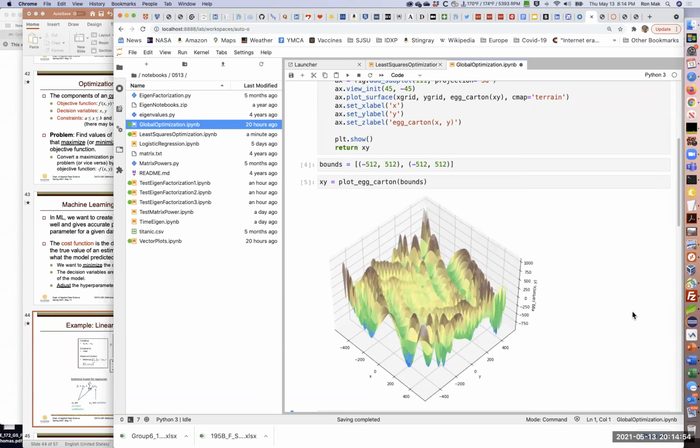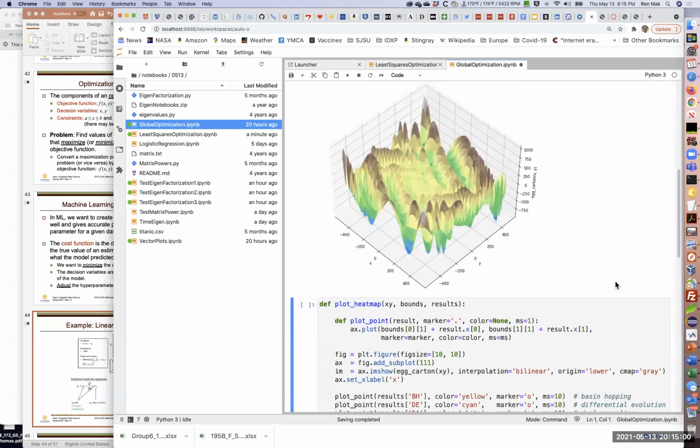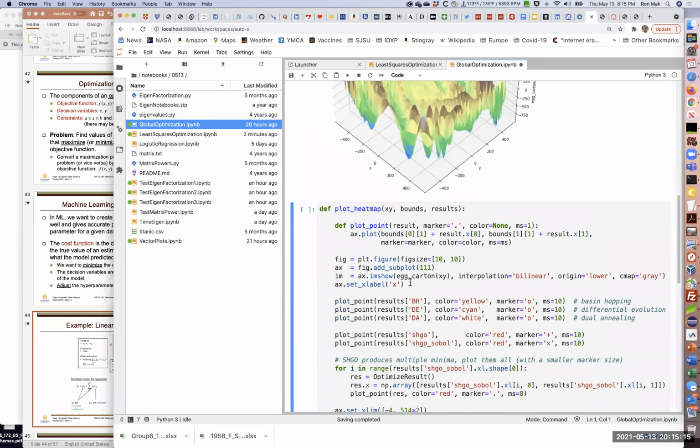So this is the egg carton. Now we're going to do a heat map. The heat map is supposed to show you the local minima and the global minima using different algorithms.